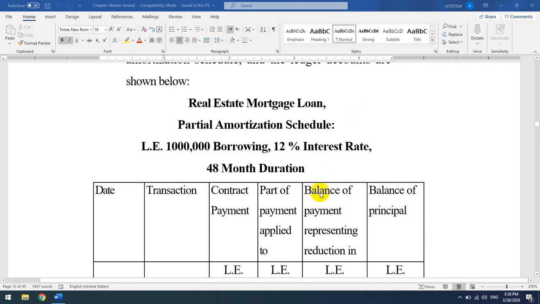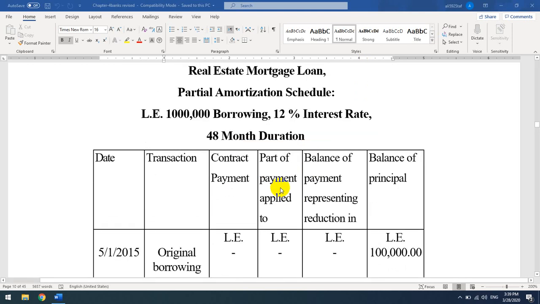The following is the schedule of amortization of the loan.